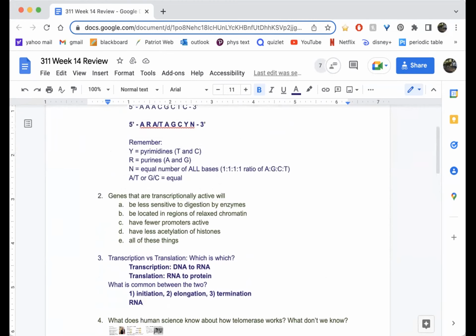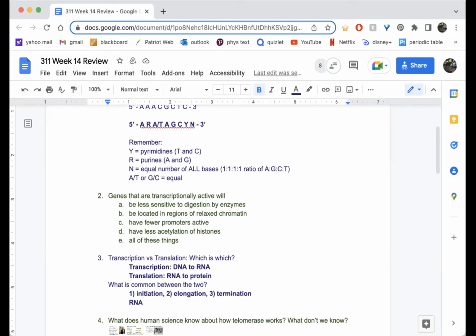Usman asked, do consensus sequences start replication, or what is the purpose of it? Basically a consensus sequence is part of the promoter area. This is where your polymerase is going to attach onto your DNA. Because this consensus sequence is part of the promoter area, it's what your polymerase recognizes and goes, hey, this is where I'm supposed to bind.